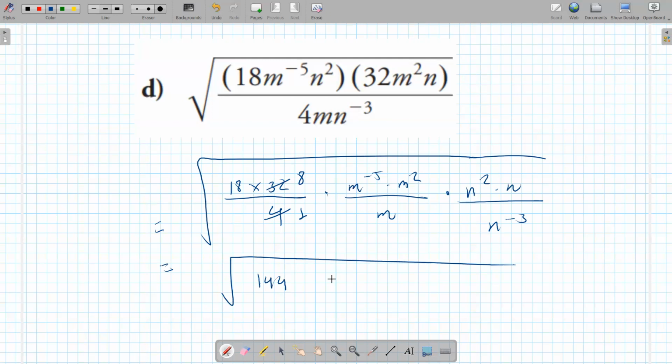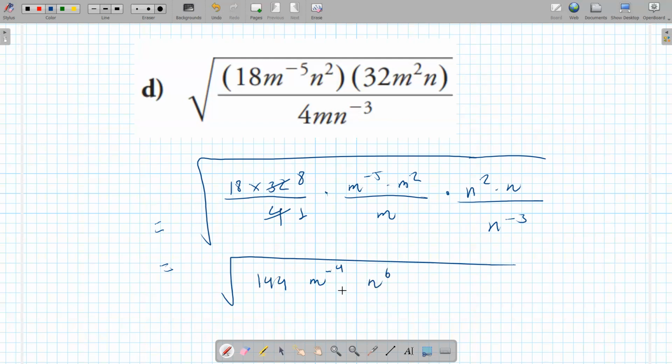What did the m's simplify to? M to the power of -4. What about the n's? What did the n's simplify to? N to the power of 6.